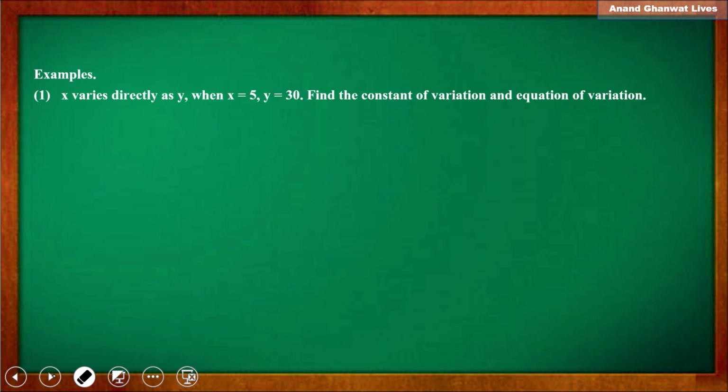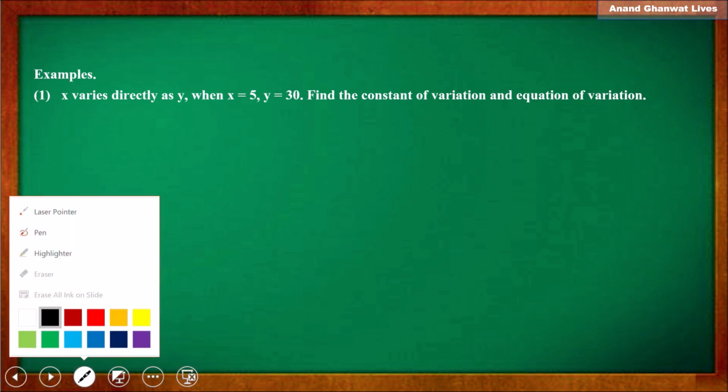Example first. X varies directly with Y. When X is equal to 5, then Y is equal to 30. Find the constant of variation and the equation of variation. As given here, X varies directly with Y. Now write this as a mathematical statement.